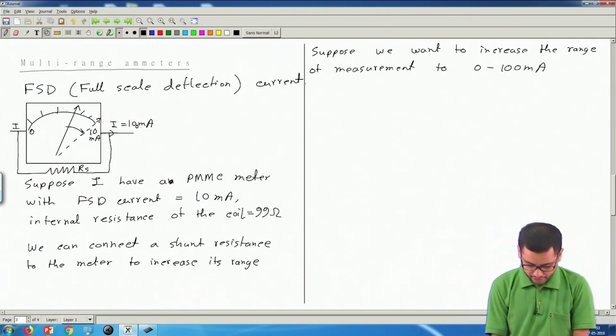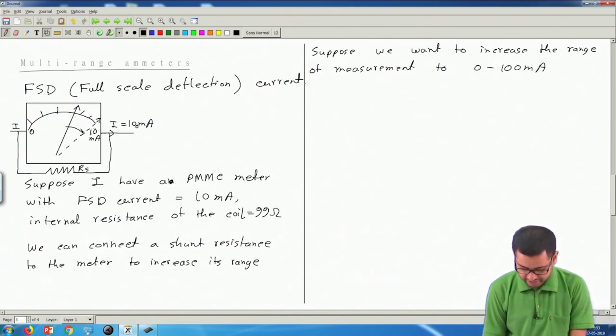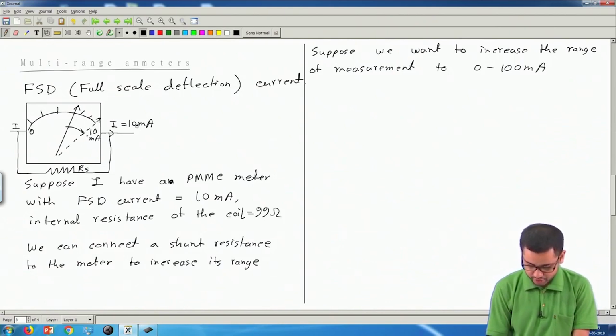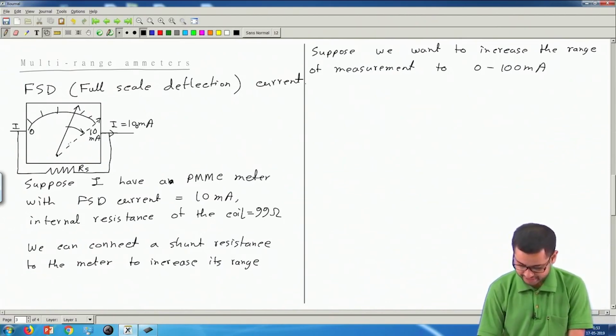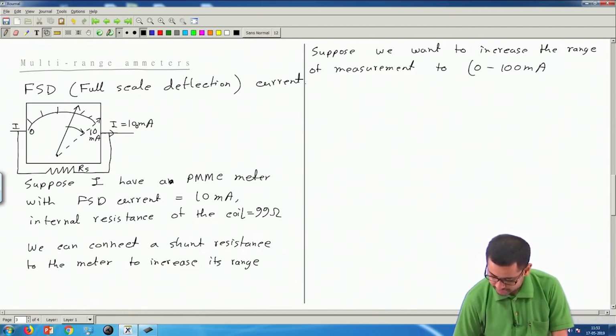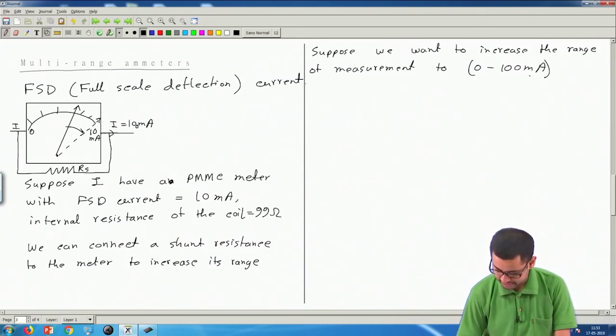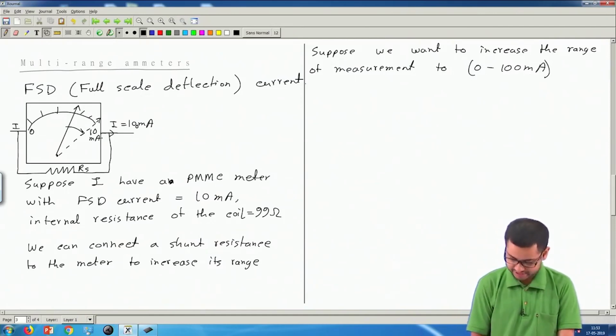With the actual meter we were able to measure only 10 milliampere, because only with 10 milliampere current the pointer goes to the extreme right. But now we want to measure currents between 0 to 100 milliampere, it is a larger range. So then what should be the value of the shunt resistance?